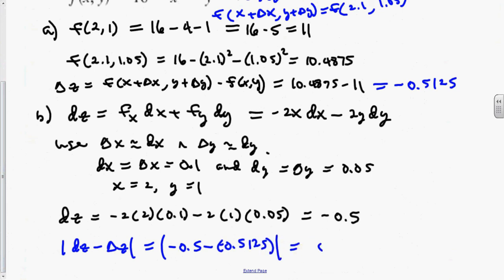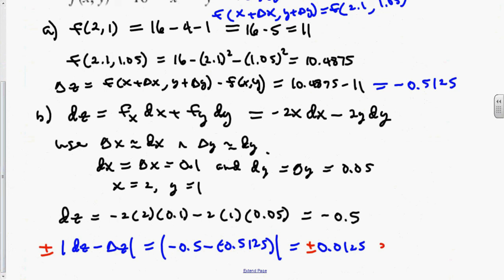So here we get 0.0125. You may see something like a plus or minus in front of that. So that would be the difference.